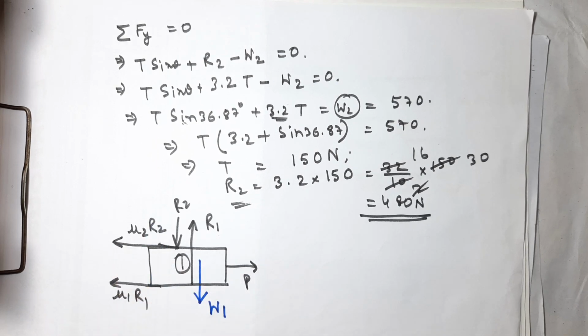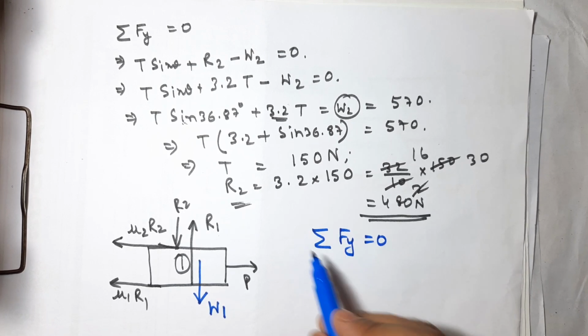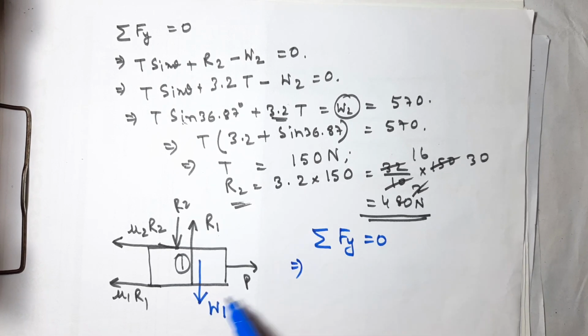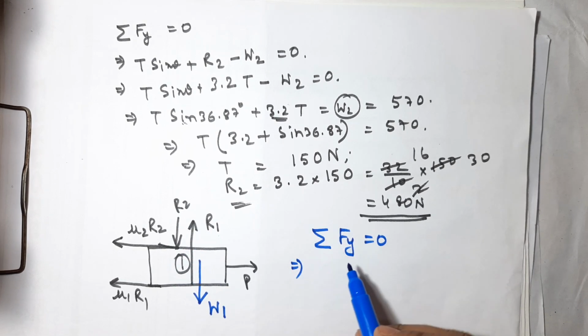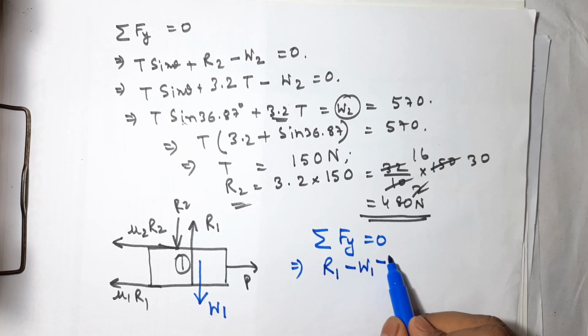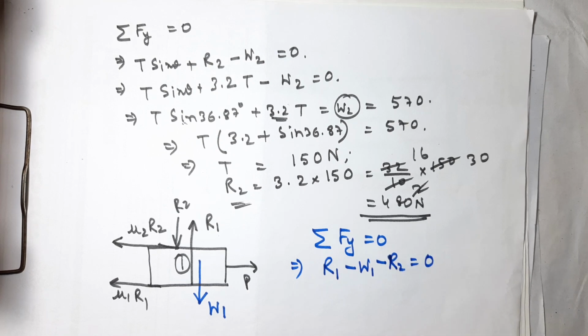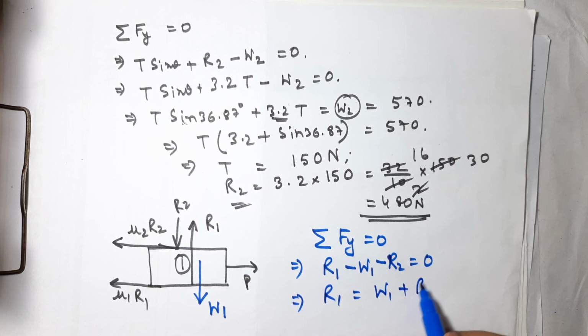So if you consider the equation Fy is equal to 0, so Fy means what? That is R1 minus W1 minus R2 is equal to 0, right? So R1 is equal to W1 plus R2.